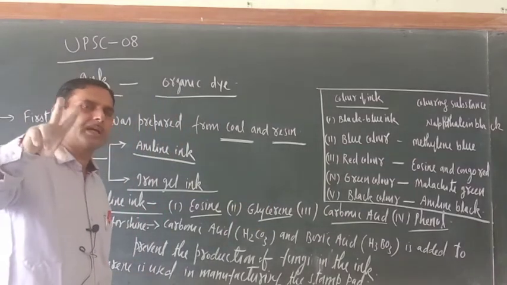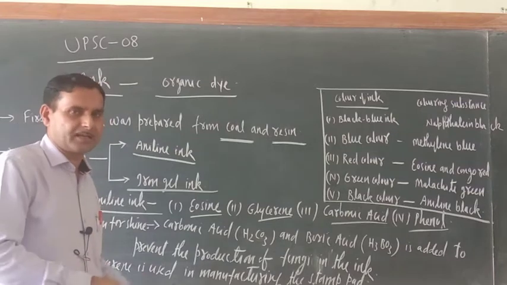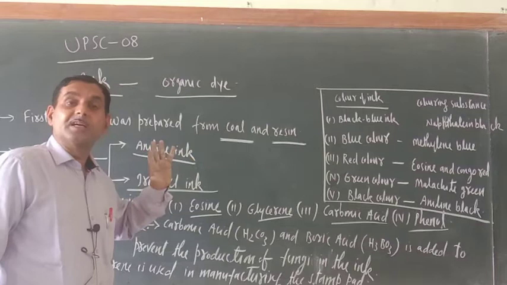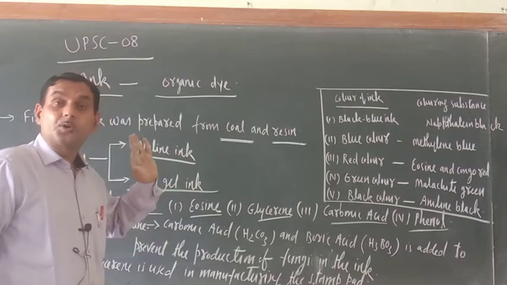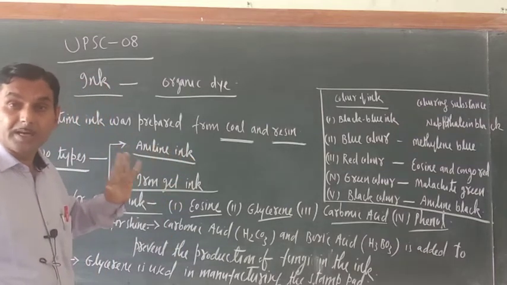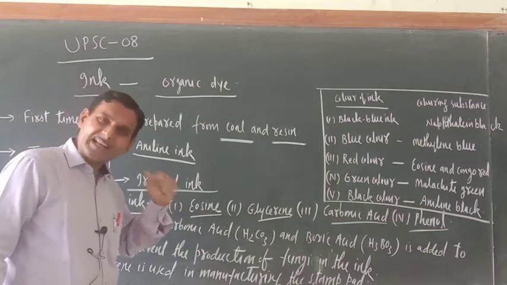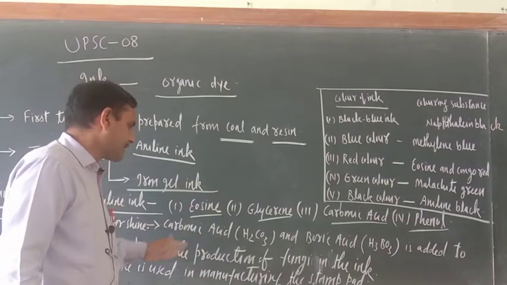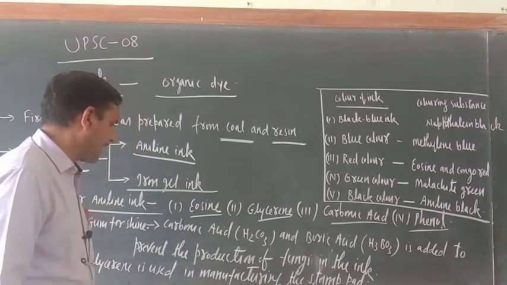They are added to the ink as a fungicide, because if you keep ink for a long period of time, fungus may develop. To arrest the growth of fungus, boric acid and carbonic acid are added.